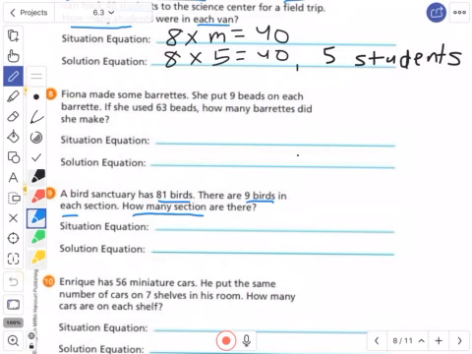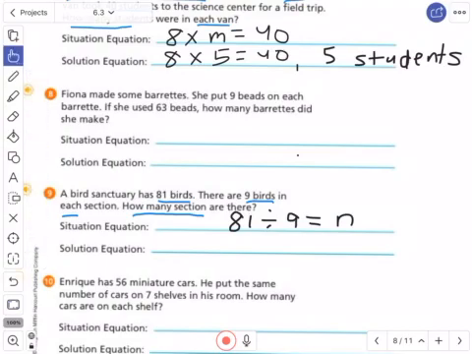So I know it's going to be multiplication or division. There's 81 birds, there's 9 in each. How many sections? Well, I already have the total for this one. So I know that this is going to be 81 divided by 9 equals, but how many sections? I don't know. So that's going to be my n. So that will be my situation equation.